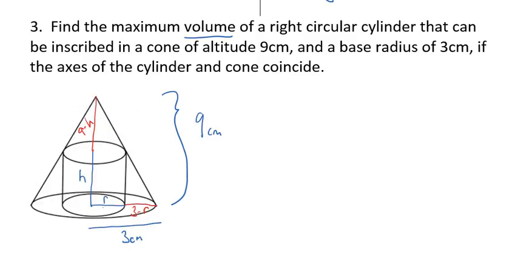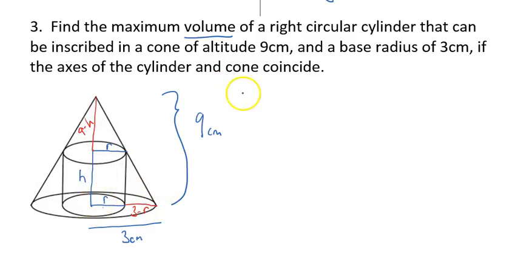Now, why is that important? It is important because we can look at this as similar triangles or similar figures when we look at a triangle that's just made out of radiuses and heights. So, for example, if I drew the radius up here, this small triangle and this larger triangle are similar figures.